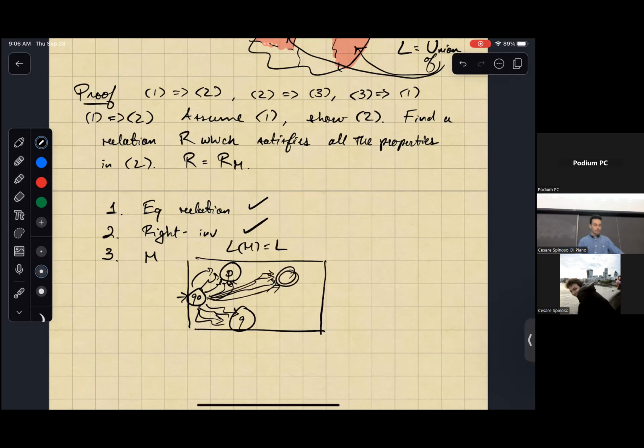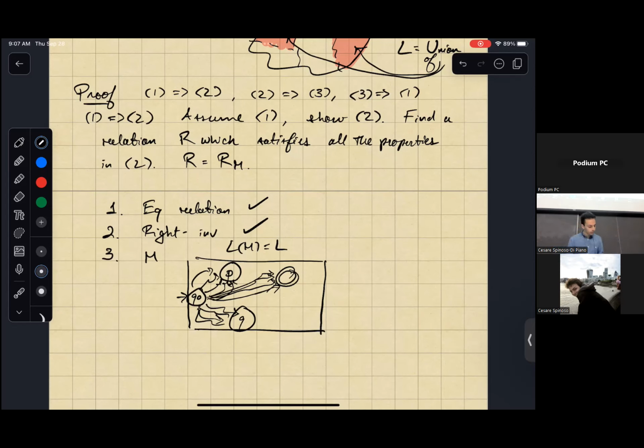So what R sub M is doing is partitioning the strings based on where those strings go in the machine M, which is intuitive. R sub M identifies pairs of strings: if those strings go to the same state, you bunch them together. That whole bunch is all the strings that go to the same state in M, from Q0, of course.